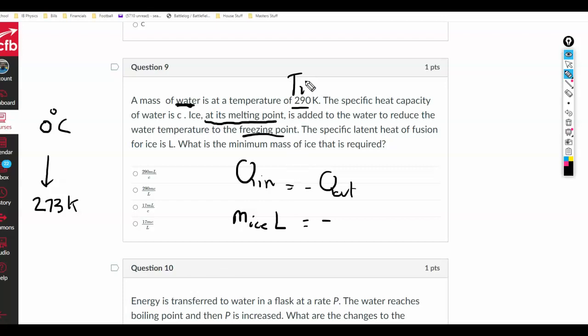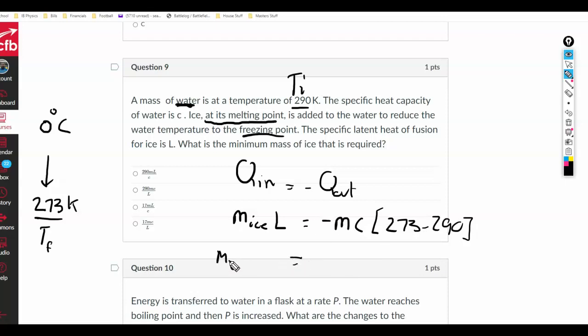This is Ti, and we want this to be Tf because we want to cool it down from 290 Kelvin to 273 Kelvin. So we have minus mc, and then the delta T would be 273 minus 290. That difference is 17. Actually, it's negative 17, and negative 17 is going to cancel out with this negative sign in the equation.